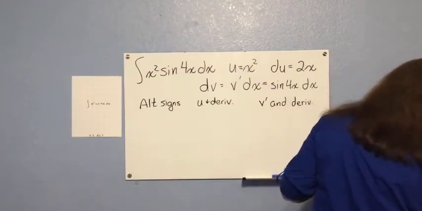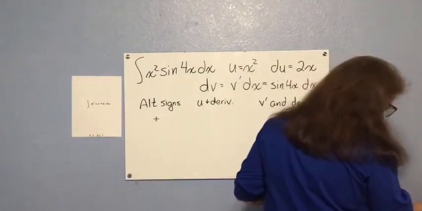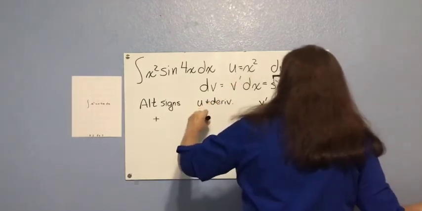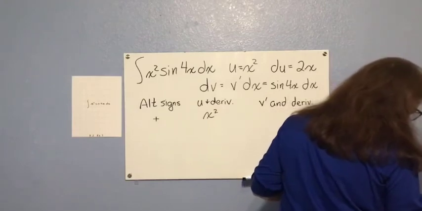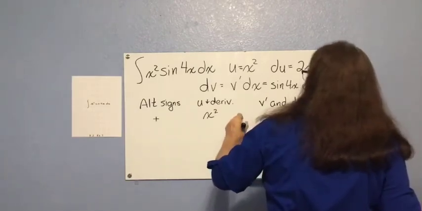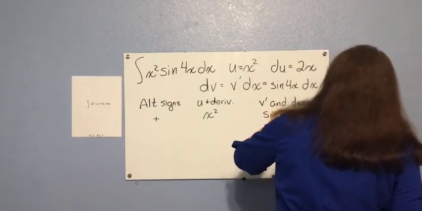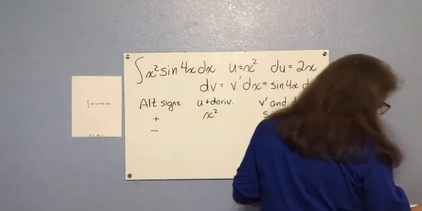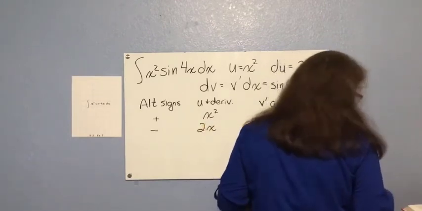Okay, and we'll start with a plus sign here. Our original u was x squared, and our original v prime was going to be sine 4x. On our next row, this is going to be negative. Our derivative is 2x.